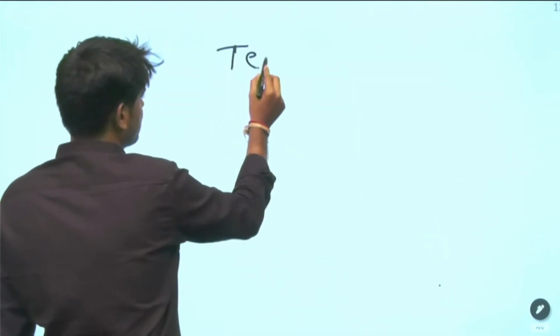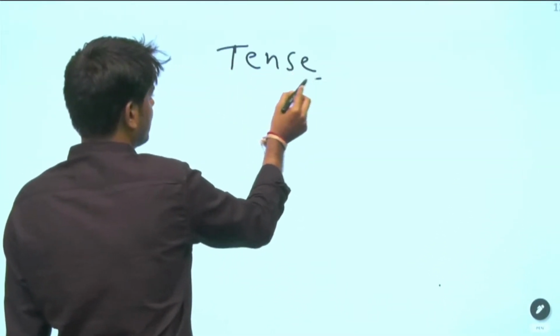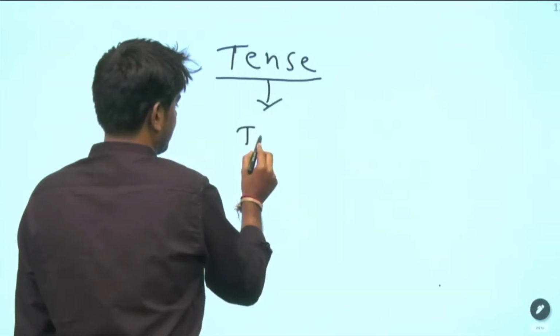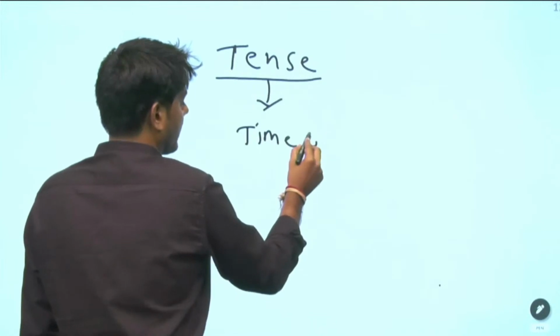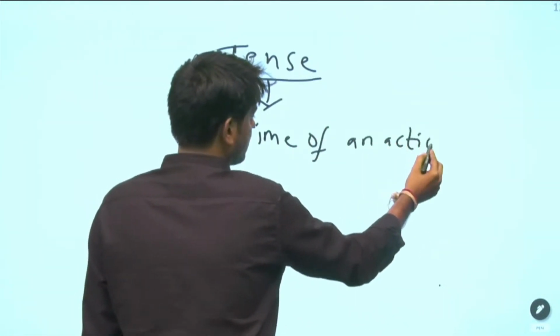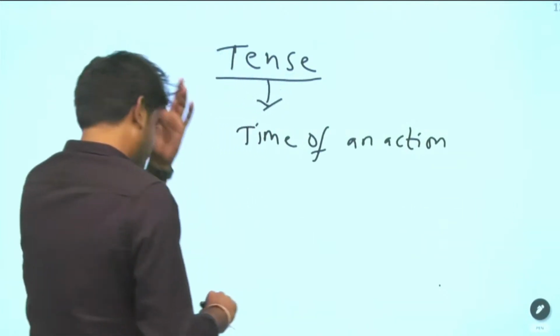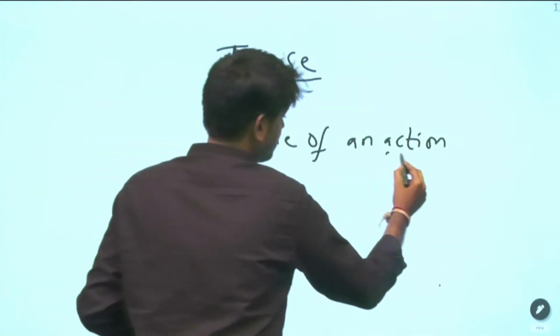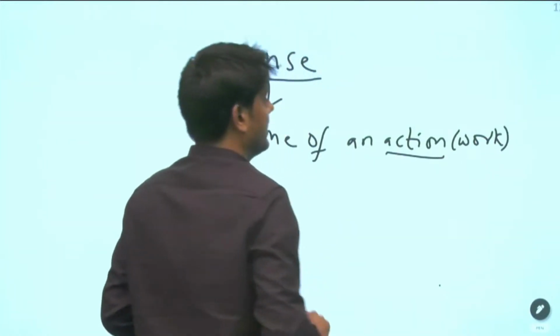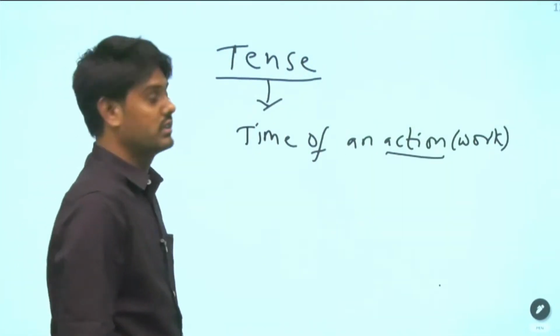Okay. So first of all, tense. What is a tense? Tense refers to the time of an action. What do we mean by action? Action means work. Action is nothing but work.